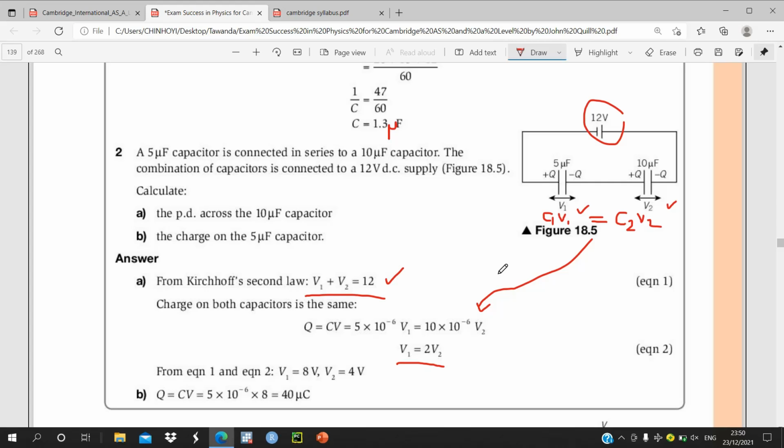That is solving equation 1 and equation 2. Where are we getting this? If you take equation 1 where there's V1 and substitute, we are going to have 2V2 plus V2 is equal to 12.